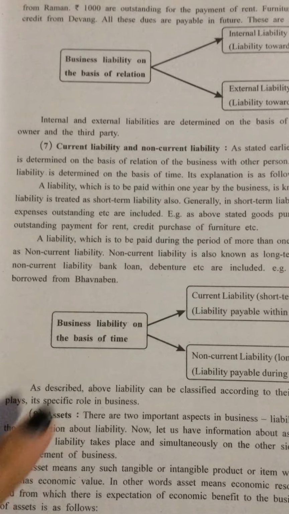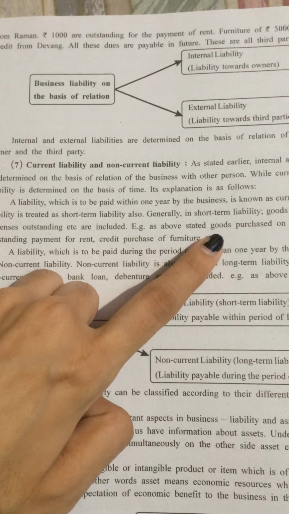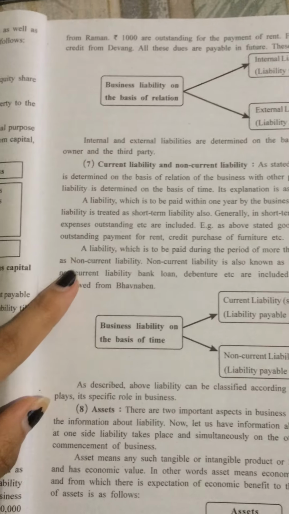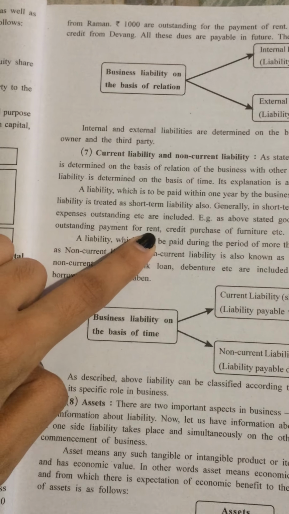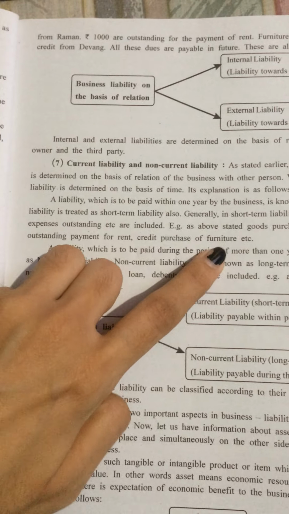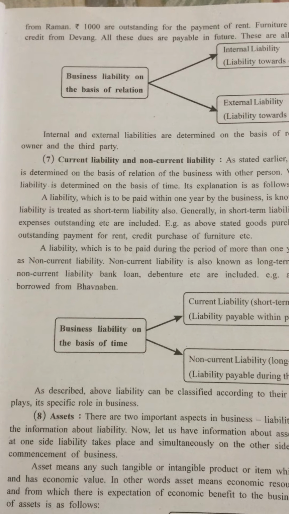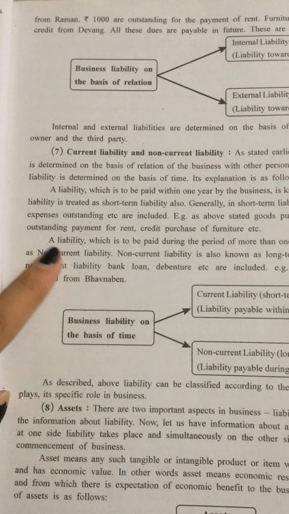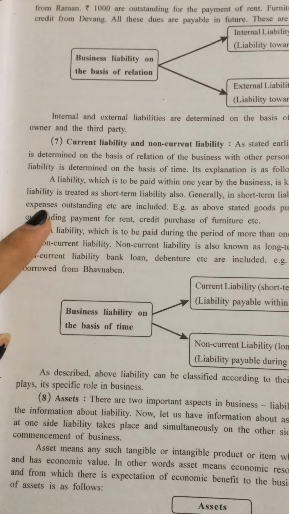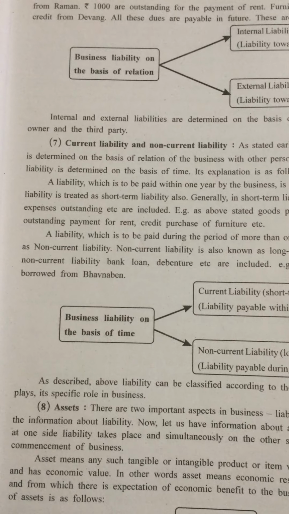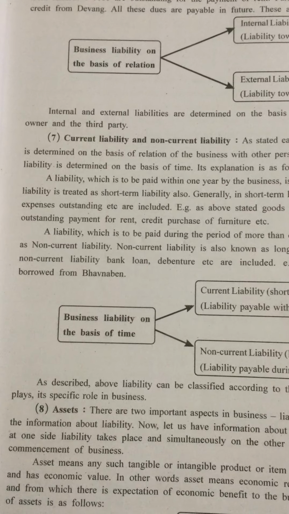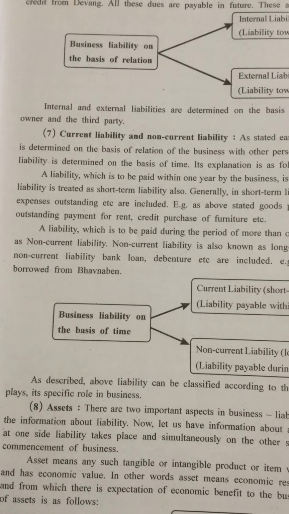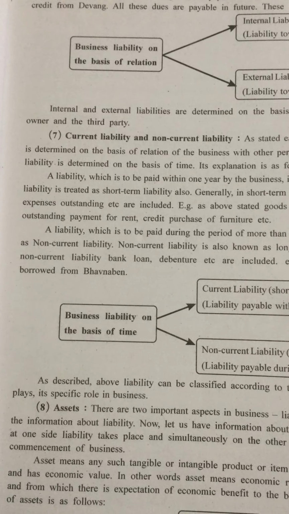For example, goods purchased on credit from Raman, outstanding payment for rent, credit purchase of furniture, etc. are included in the short-term liability or the current liability. In short, current liability is a liability which is to be paid within 1 year by the business.